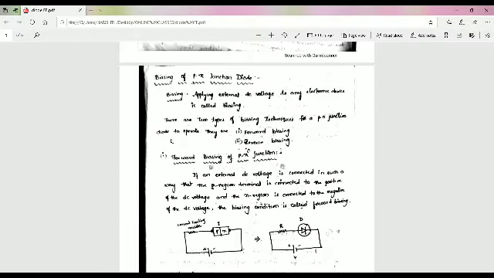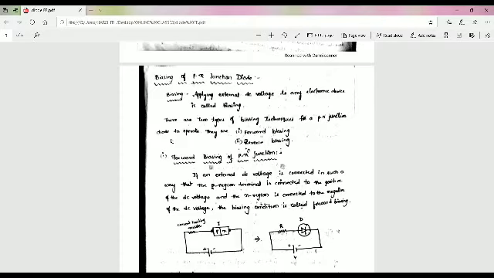Depending upon the polarity of the DC voltage externally applied to it, the biasing is classified as forward biasing and reverse biasing. First one, forward biasing of the PN junction diode.